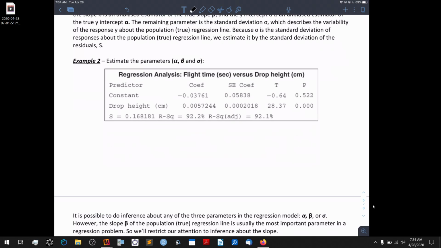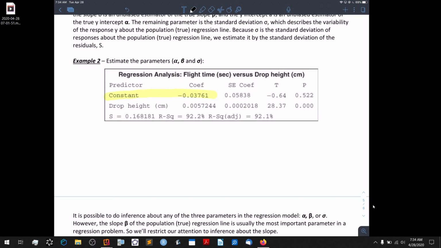Okay, and so estimate this. This seems ridiculous. I understand that. It says estimate the parameters alpha, beta, and sigma. Basically, just a refresher. Can you still read regression analysis output? So remember, constant refers to the y-intercept.